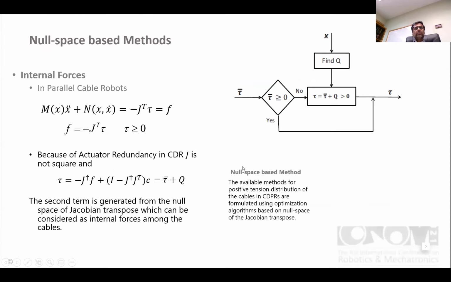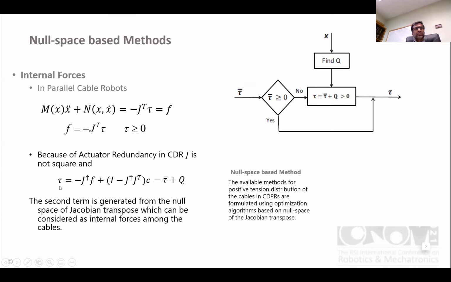As we know, the available methods for positive tension distribution of the cables in CDPRs are formulated using the null space of the Jacobian transpose. And the control based on null space is formulated as follows.